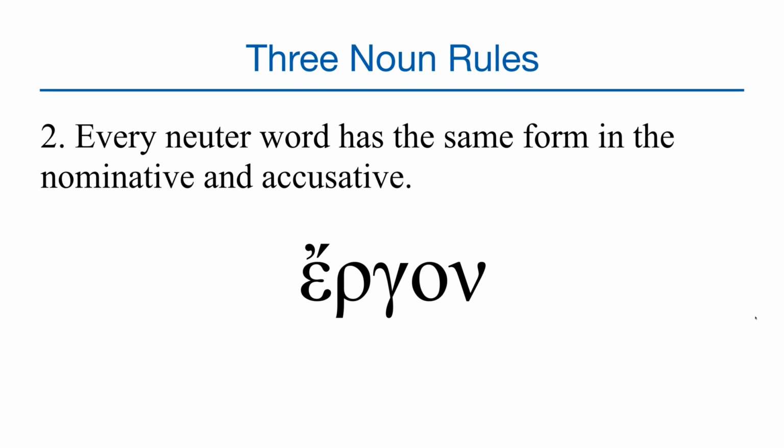There are a handful of first declension neuter words, but I don't think we learned them. I actually don't think I learned them until Greek 4, to be honest with you. There's only like 2 or 3. And they're not used very often. So my rule is if it's used less than 10 times in the New Testament, I look it up. I don't use my brain power to memorize anything used less than 10 times.